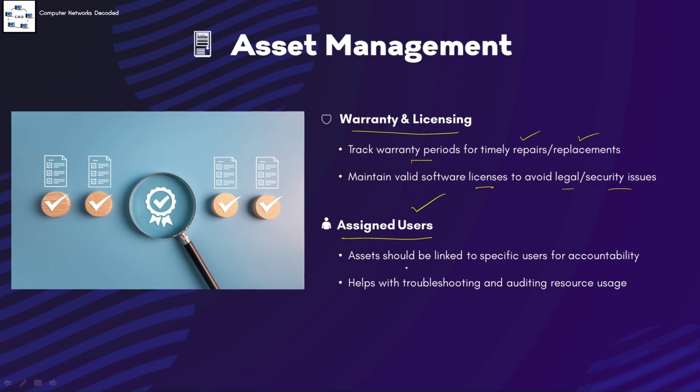We are talking here about licenses as well as assets. So assets should be linked to a specific user for accountability, so that if there is loss or theft, or some issues with the assets, there is someone accountable for that asset. This helps with troubleshooting and auditing of resource usage.